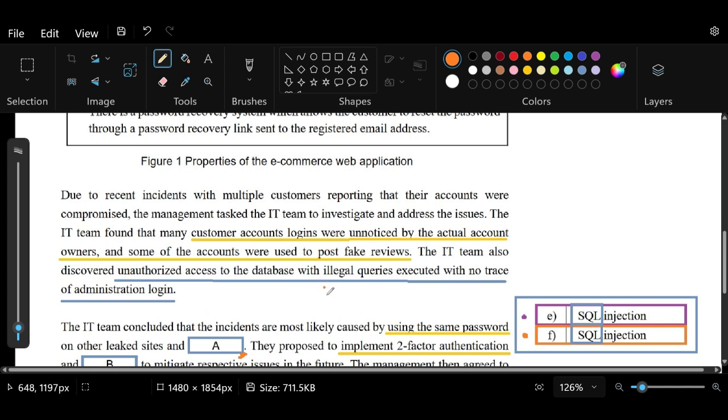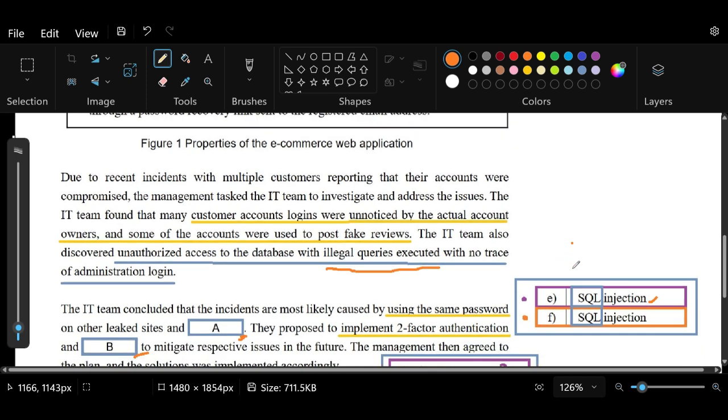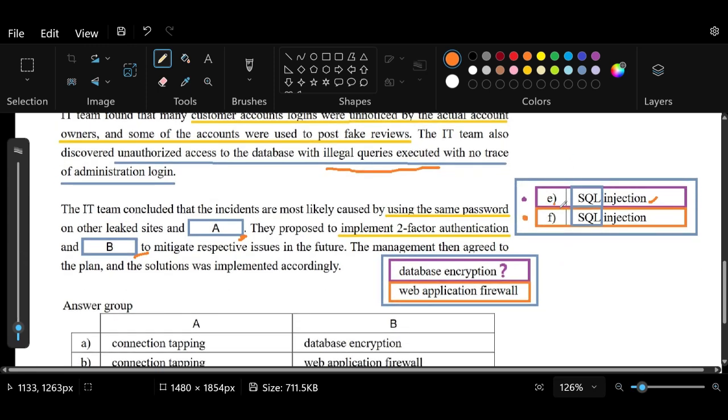So the fact that there were illegal queries executed, I think, should at least make us think about SQL injection. Because how would you do something like queries if you don't have some sort of SQL injection or SQL type of commands? And the queries are going to the database because they have unauthorized access. Therefore, I thought that the first blank is likely gonna be this one, SQL injection.